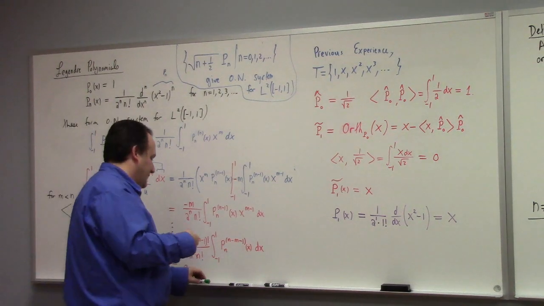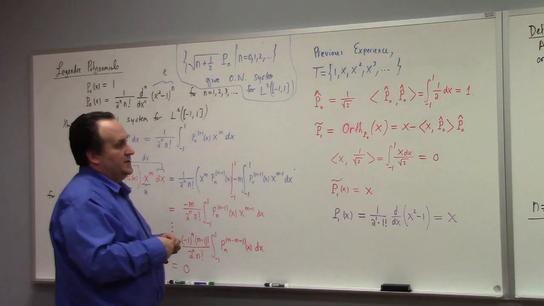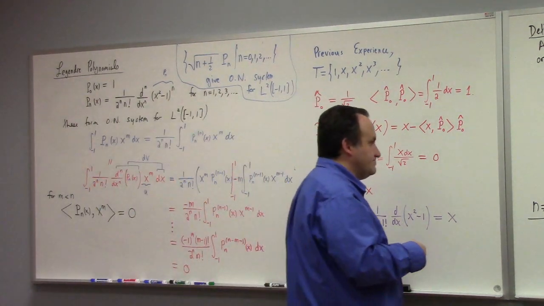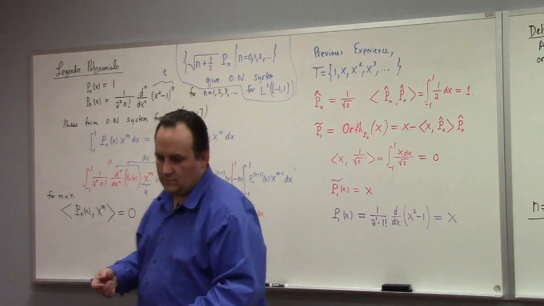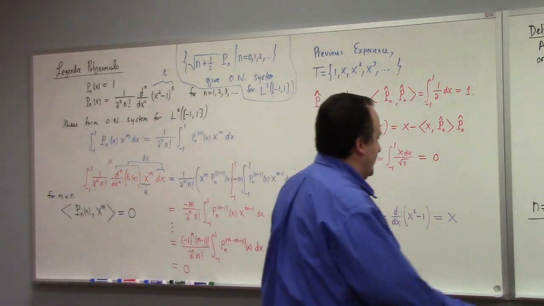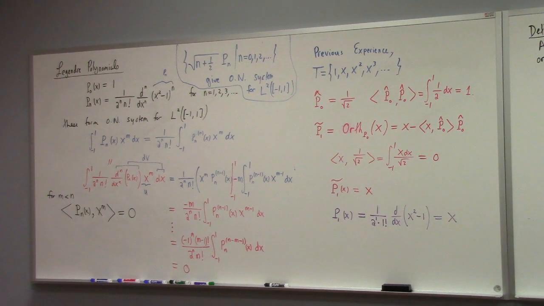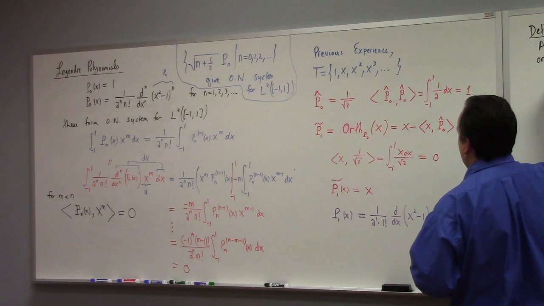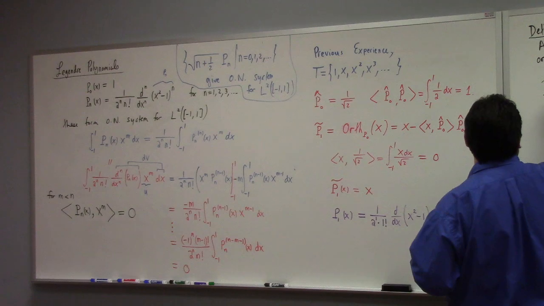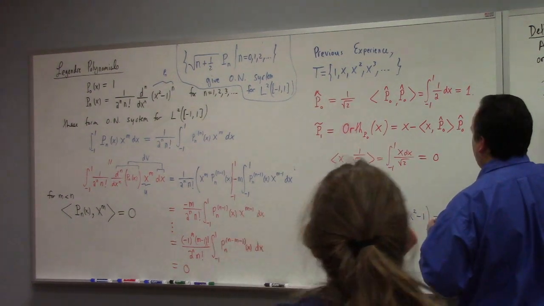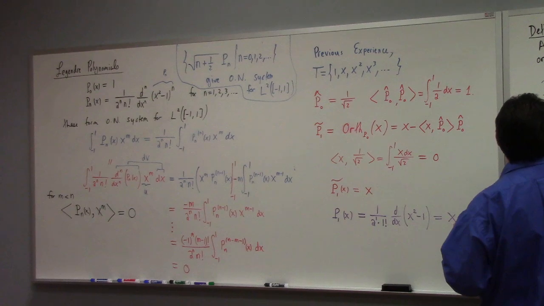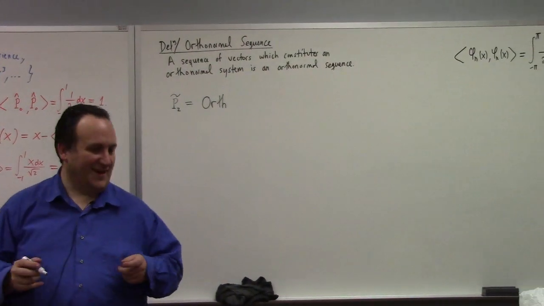So like the next thing in the Gram-Schmidt process would be, I would take P2 tilde would be the, I view it in terms of, oh, you got it.